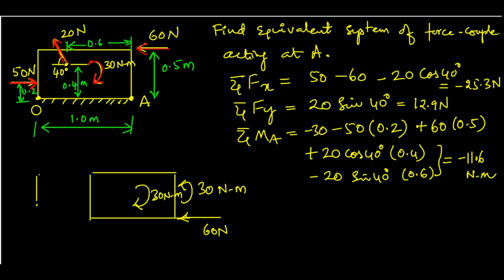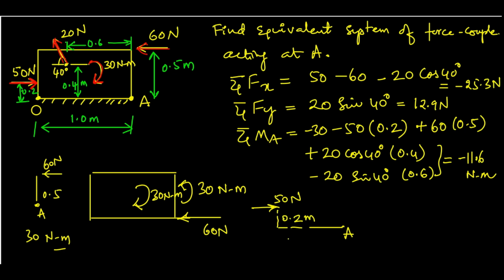Okay, and then 50 times 0.2. So this is 60 Newton acting at 0.5 from A. So this will give you 30 Newton meter. Okay, next one we have 50 Newton from A. It is acting at 0.2 meter.